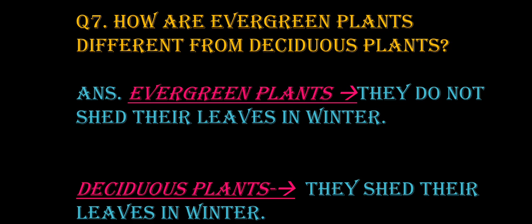Answer: evergreen plants do not shed their leaves in winter, and deciduous plants shed their leaves in winter. This is the difference between both.